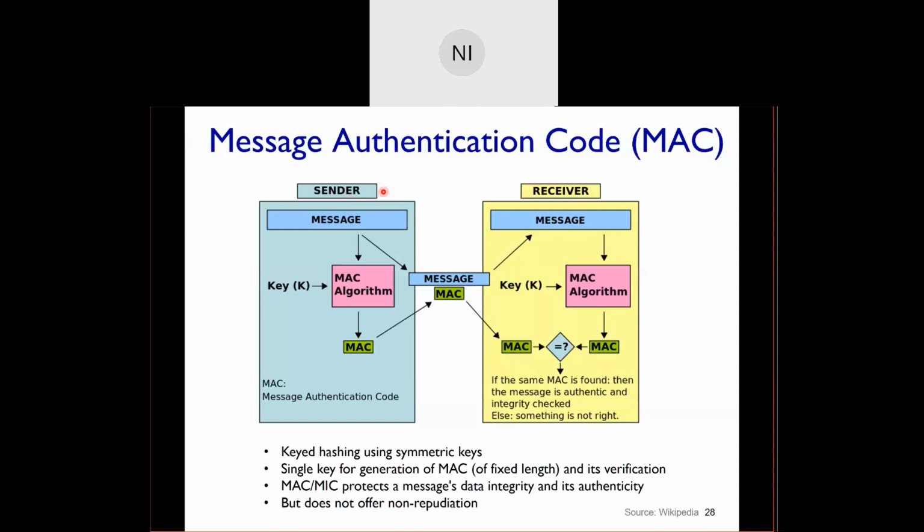Let's say Alice has sent some message to Bob. Because Bob already has the secret key with him, he can modify the message received from Alice, generate a new MAC, and send the combination of the tampered message and the modified MAC to a third party, saying that so and so was sent to me by Alice. So it is not possible to stop Bob from doing this, which is the non-repudiation problem.